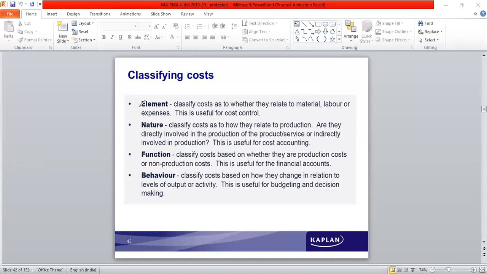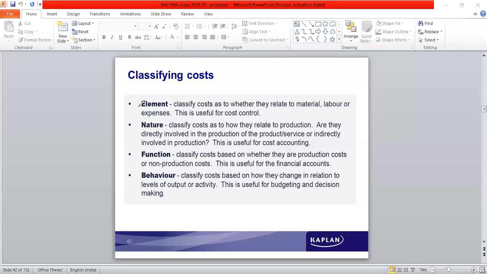There are many types or many categories of cost classification. One classification of cost is based on elements. There are three elements: material, labor, and expenses. These three can also be subclassified as direct material, indirect material, direct labor, indirect labor, direct expenses, indirect expenses.